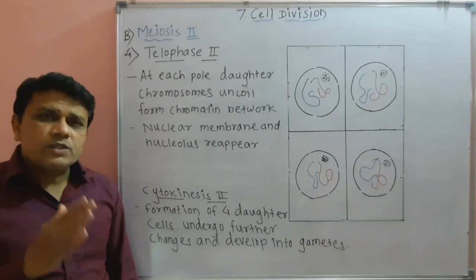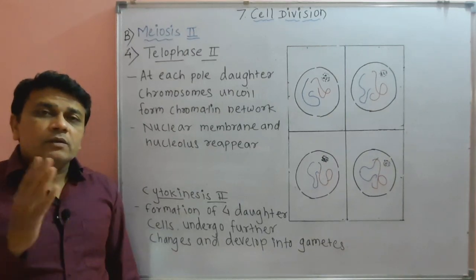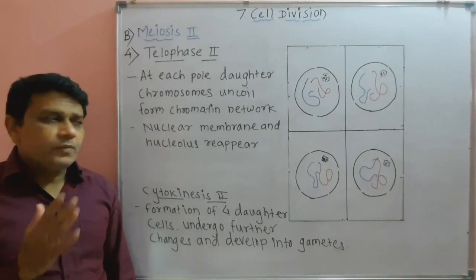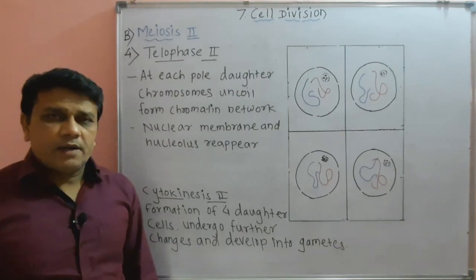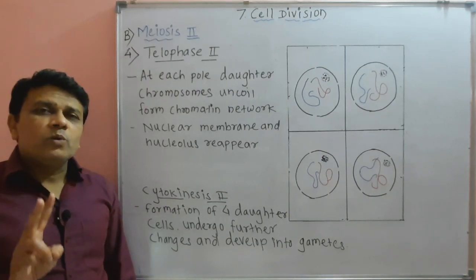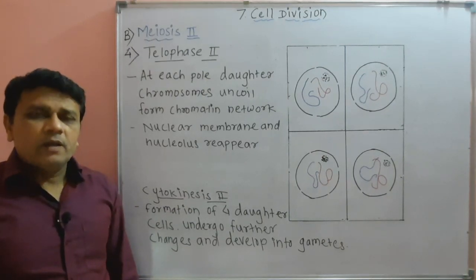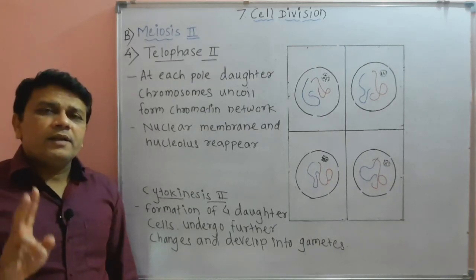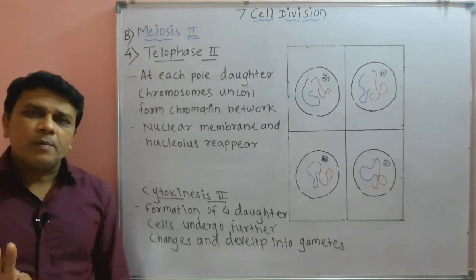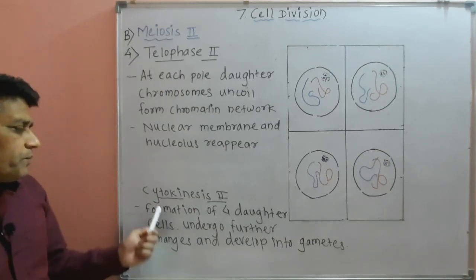In meiosis first, two haploid cells are formed, and in meiosis second, from these two haploid cells, two more cells are formed, and at the end a total of 4 cells, or 4 haploid cells, are formed in meiosis.